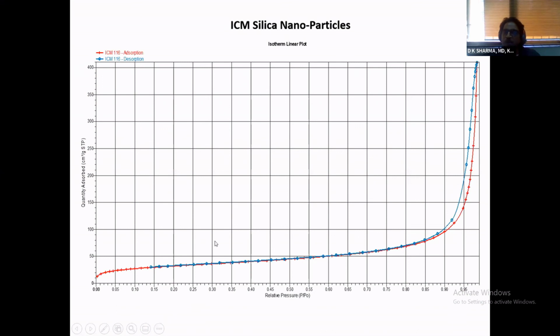When you measure the particle size of your nanoparticle, it may be about 100 angstrom. So we are talking about a 500 angstrom pore in a 100 angstrom particle, which is not possible.